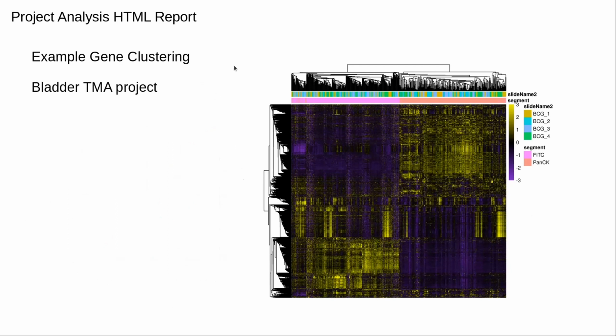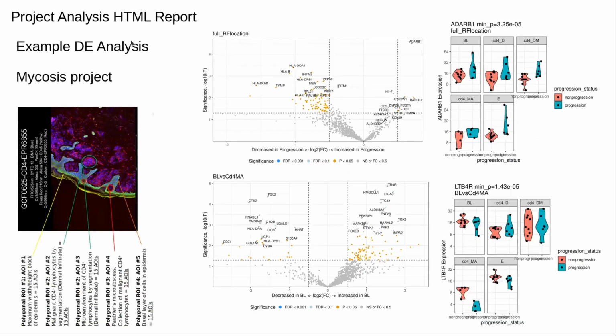We also make some hierarchical clustering of some of the most variable genes, and finally, and perhaps the most specific thing for each project, we do a differential expression analysis. And here there is, of course, some work between the researchers and the bioinformatic part in finding out what types of contrasts or model we want to be looking at.